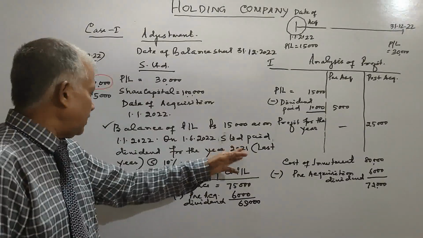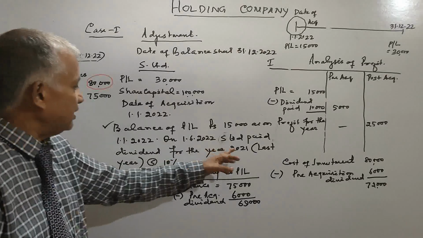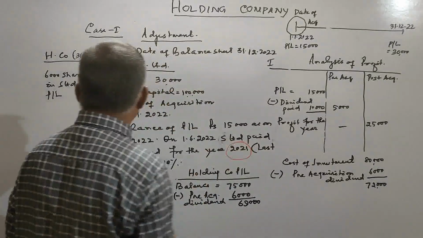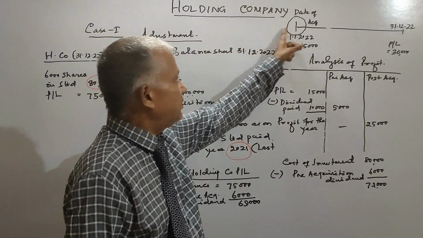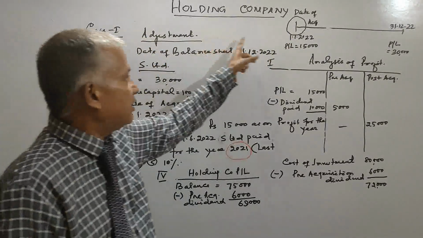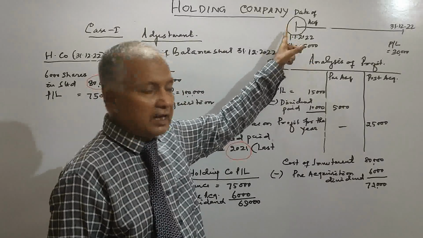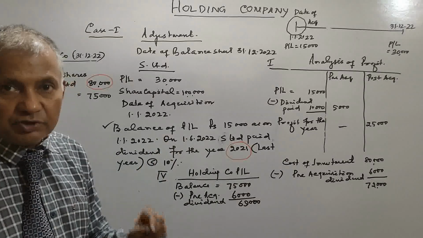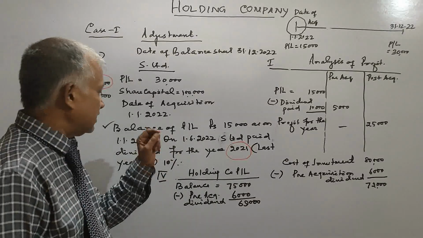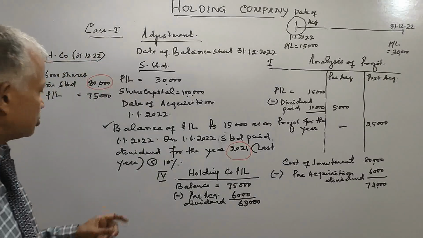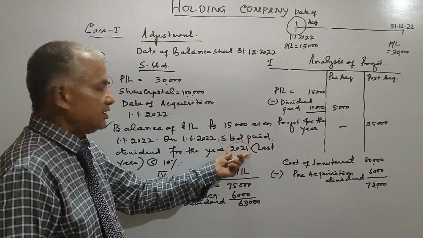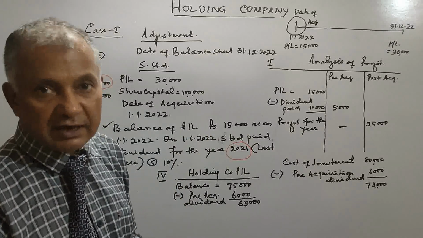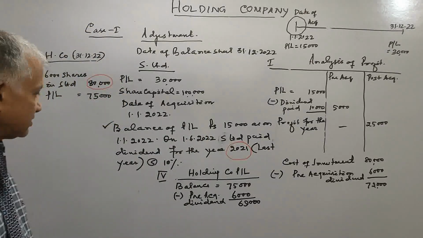S Limited paid dividend for the year 21. This is important because 21 is the previous period from the date of acquisition. Therefore, the 2021 dividend is a pre-acquisition dividend. It is of a capital nature. Sometimes the year is given, sometimes they tell you for the last year.